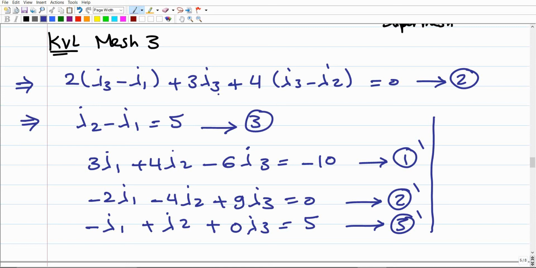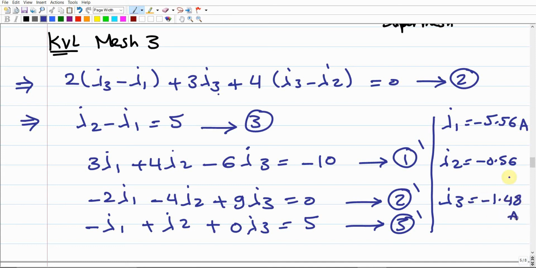And we do have negative 1, 1, 0, and 5. Solving, we're going to end up with I1 being negative 5.56 ampere, while I2 will be negative 0.56, while I3 will be negative 1.48 amperes.